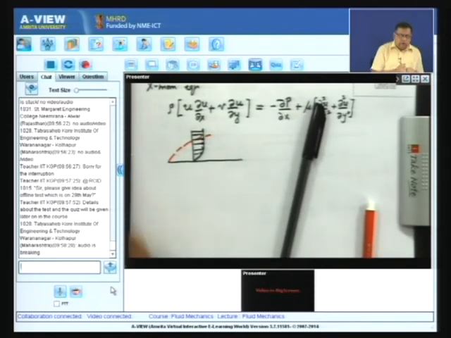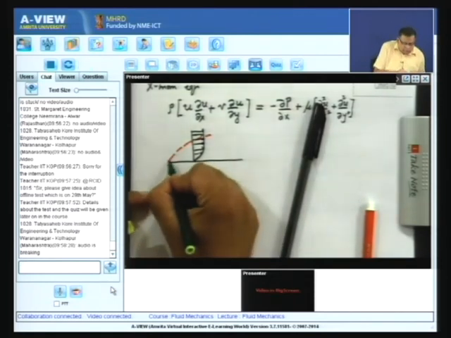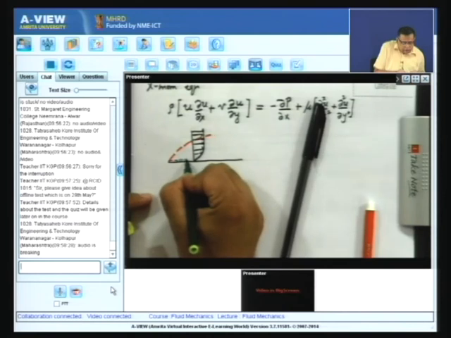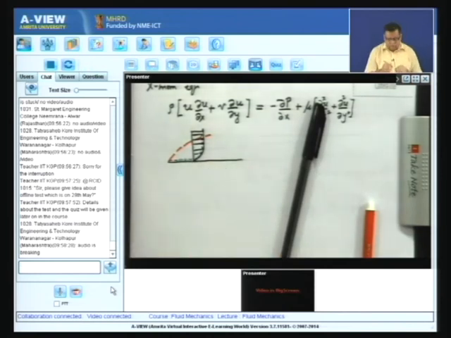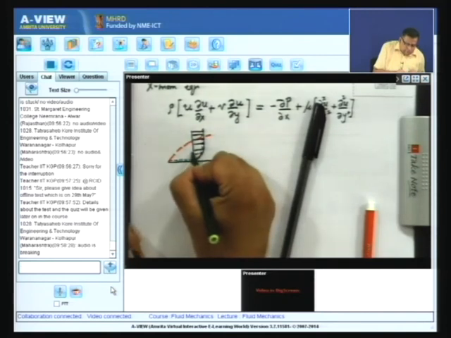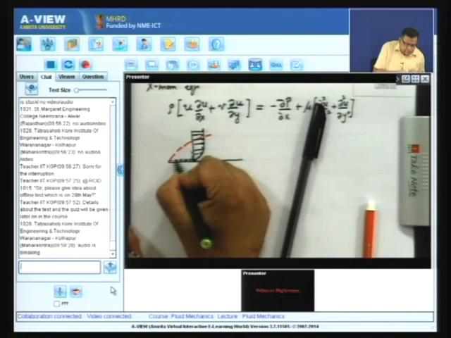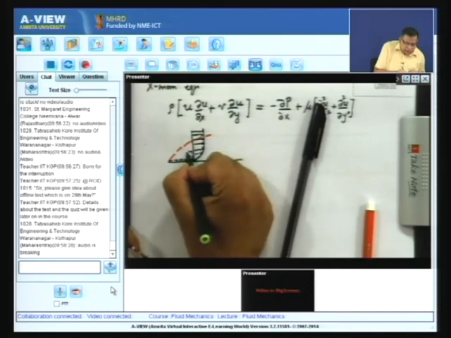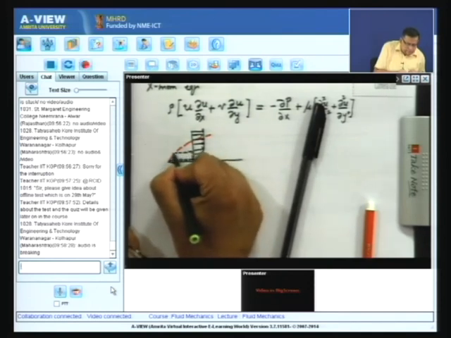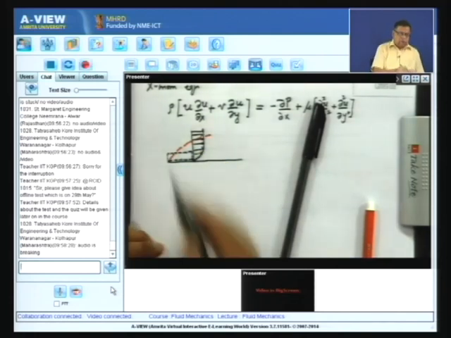Now, we will use a control volume with one face on the wall and a vertical face over here. We will take a rectangular control volume and apply conservation of mass to this, global conservation of mass.